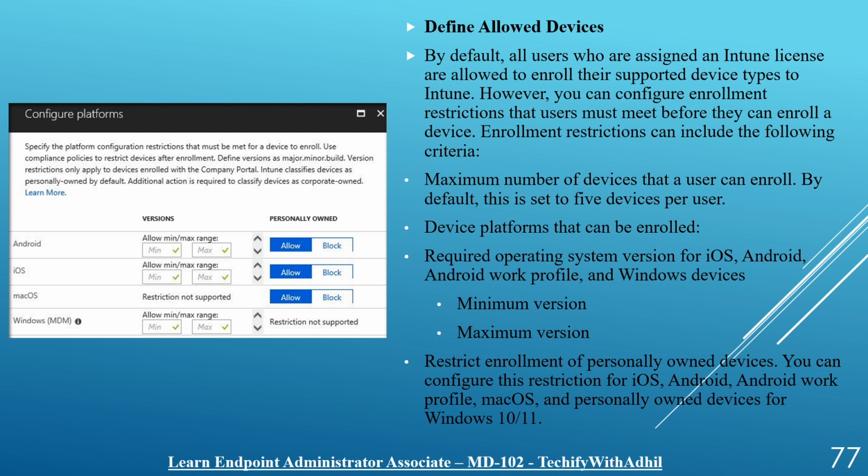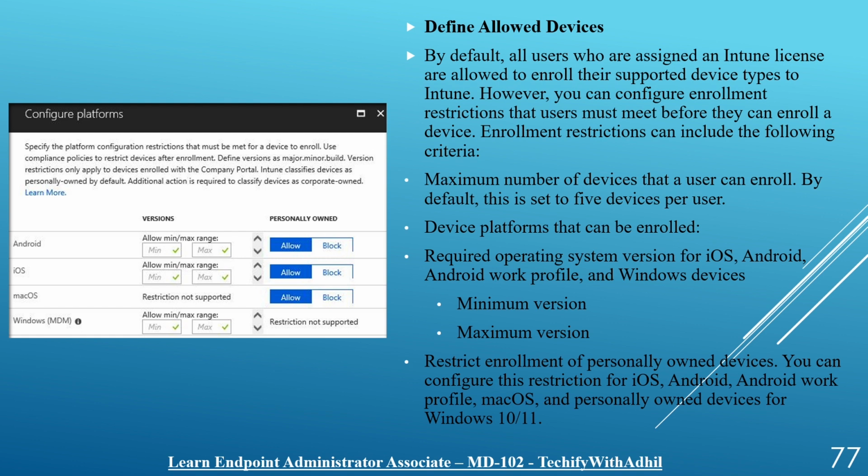Then device platforms that can be enrolled, and requiring an operating system version for iOS, Android work profile, and Windows devices, a minimum version and also a maximum version. So you can set it up like it should be a minimum of this version and a maximum of this version, because some latest versions might be a beta version which might have some bugs, so we don't want the user to update to that version.